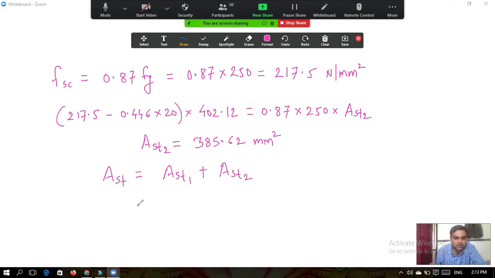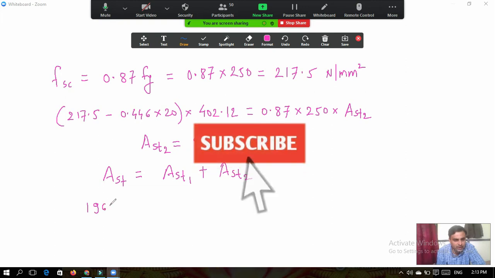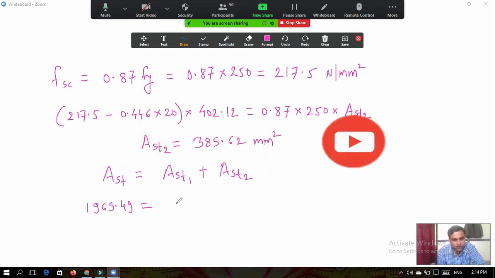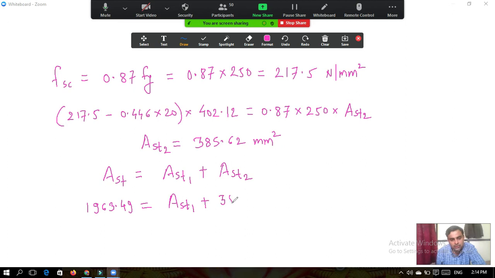AST1 plus AST2. So what is our total area of steel? The total area of steel is 1963.49, which is equal to AST1, which we need to calculate, plus AST2, which is 385.62. If you do the calculation, you will get the value of AST1. Let me know the answer.